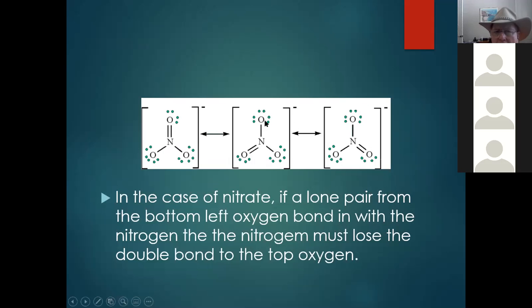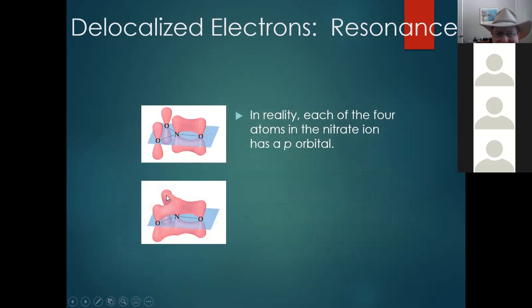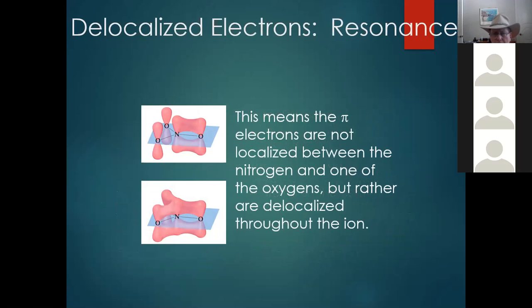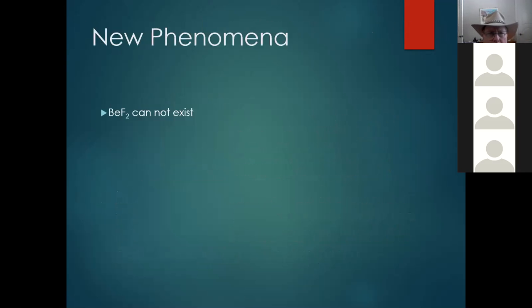When I have nitrate, that's going to be spread over this entire molecule so that it's going to look like this. And again, these are nothing more than what I've already explained.